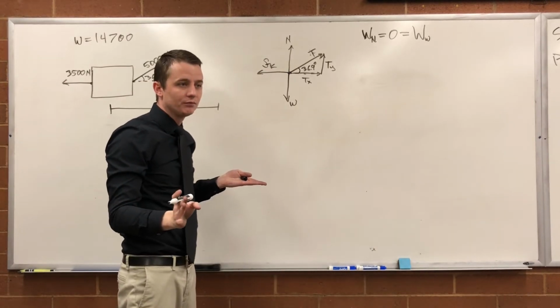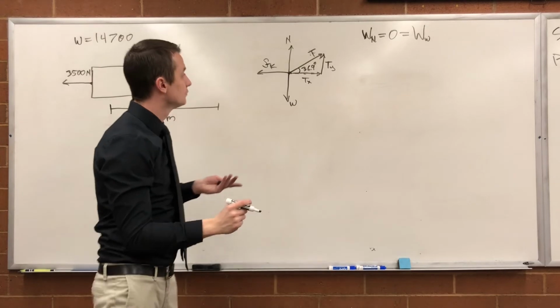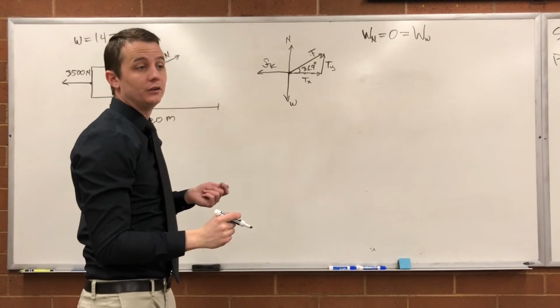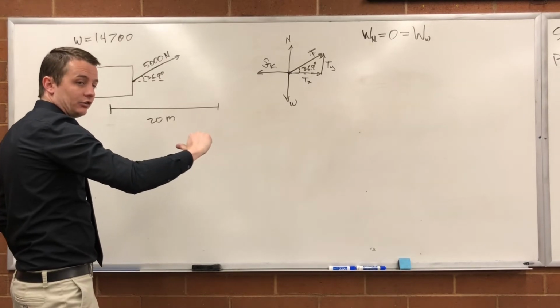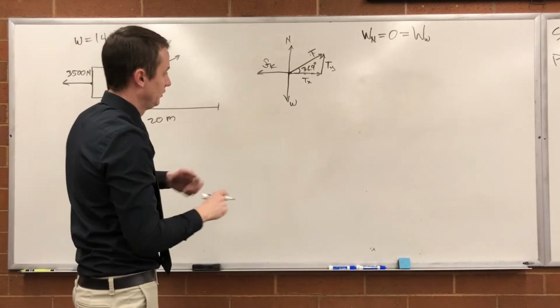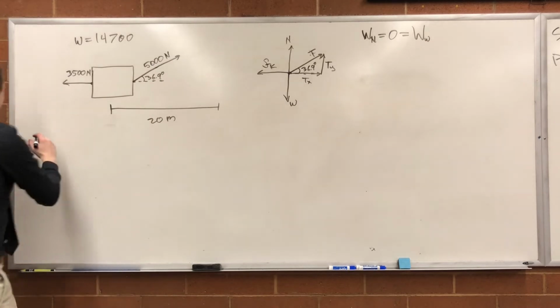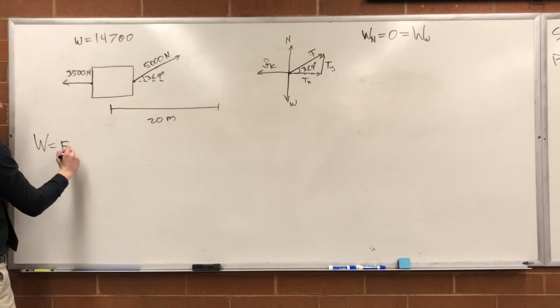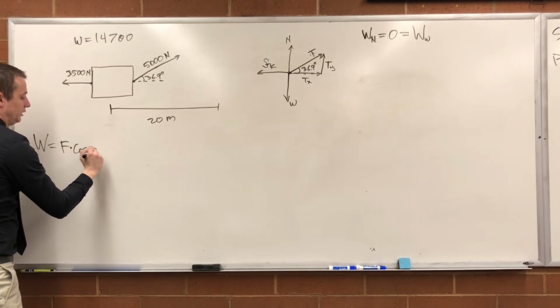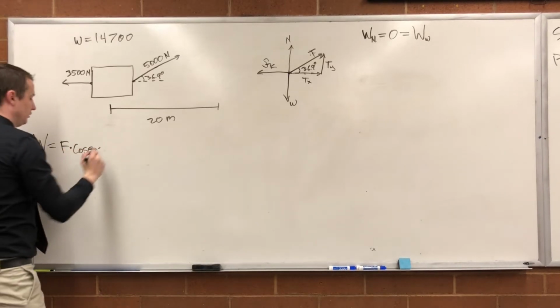They do no work. How about friction? Friction is going in the opposite direction of your movement. Okay, so work, our definition really quick. Work is equal to the magnitude of your force times the cosine of the angle between them times your distance.